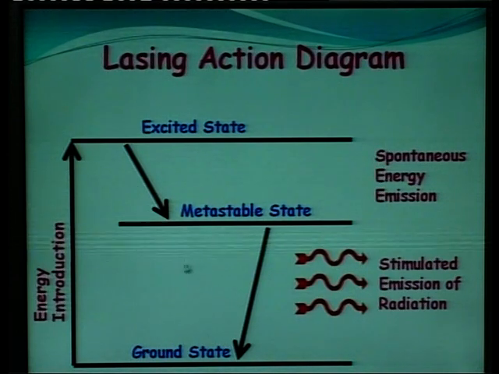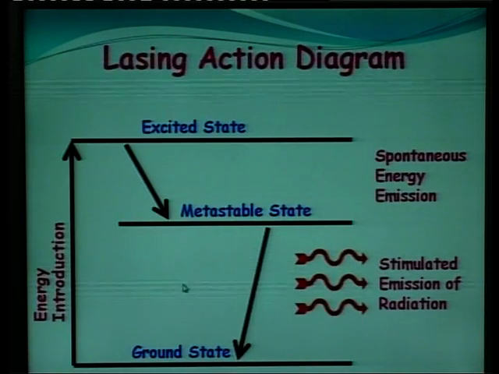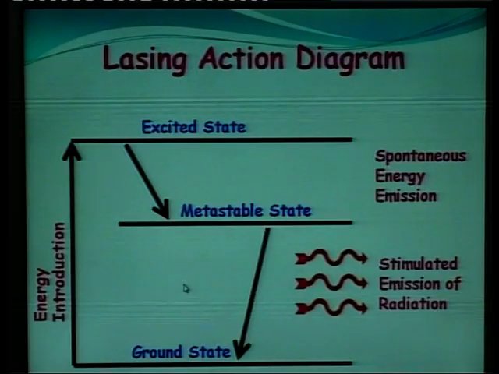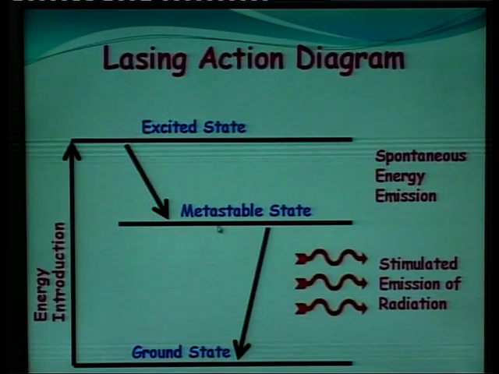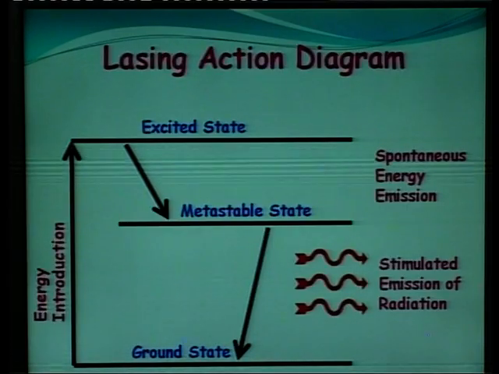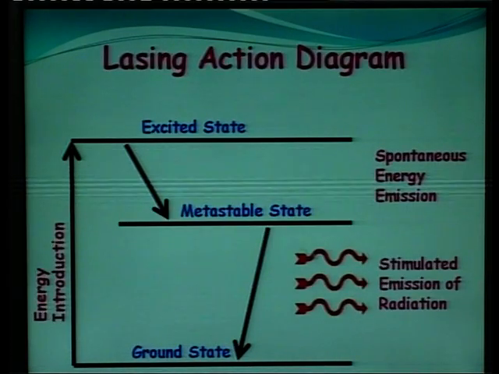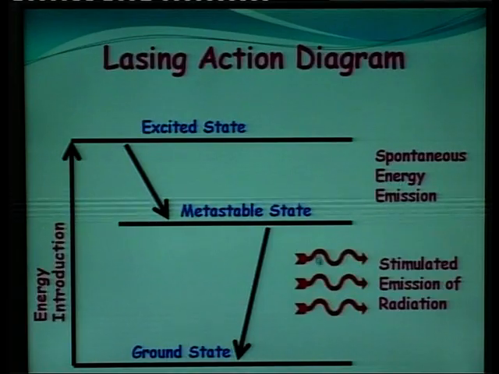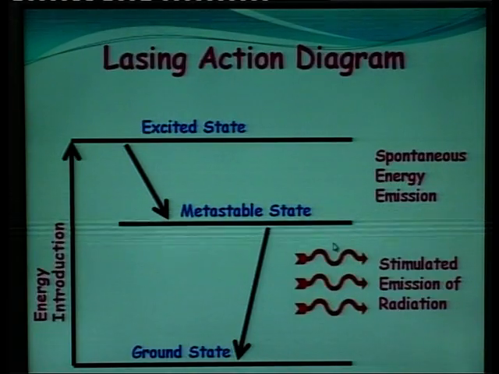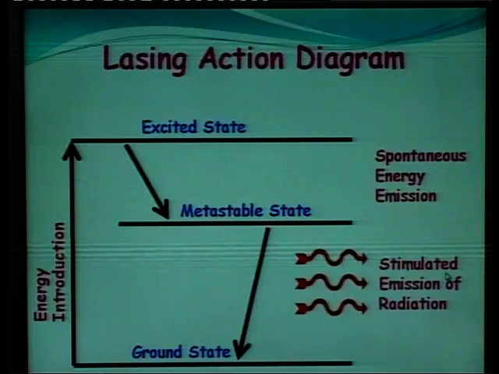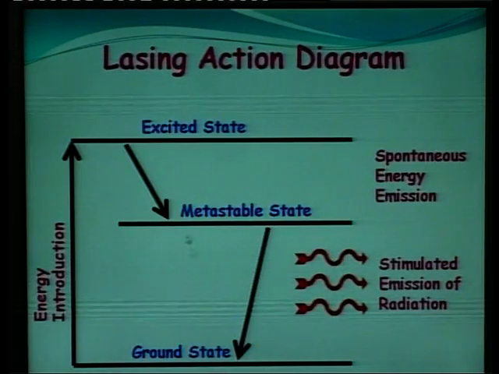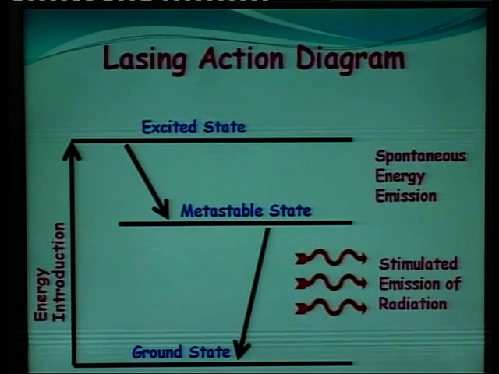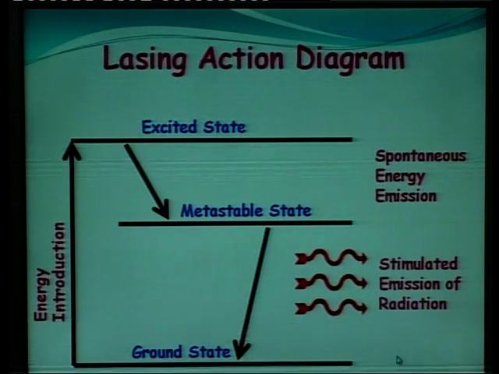One incident beam of light, which is called stimulated emission, will trigger one atom or electron to de-excite from the metastable state to the ground state, and the laser light will be coherent. Coherent means crest will fall over crest, trough will fall over trough. So this stimulated emission of radiation occurs between these. This is what we call lasing action, and how laser is produced.